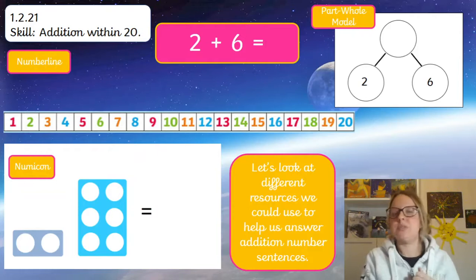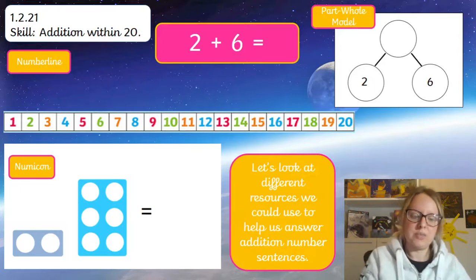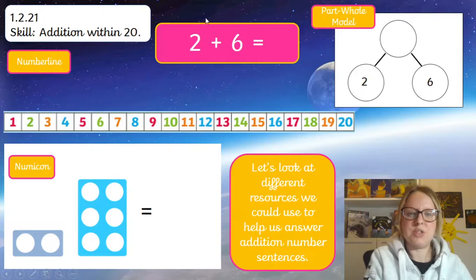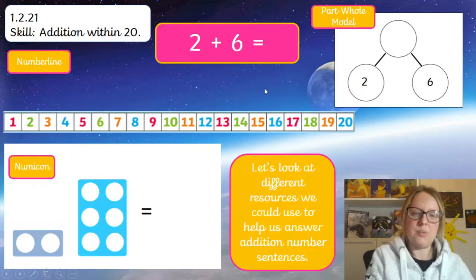So let's look at some different resources and different ways that we use at school to help us to add. So our number sentence at the top says 2 plus 6 equals. So we could use a number line or our part whole model, or we could use Numicon. So let's start with a number line. Now if we were using the number line, what number would we start at?